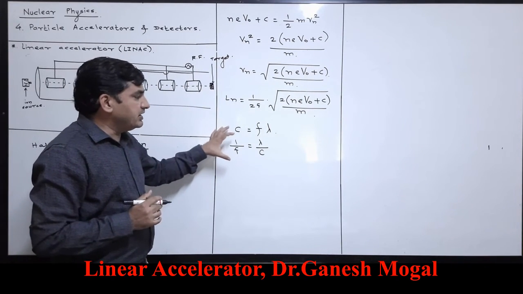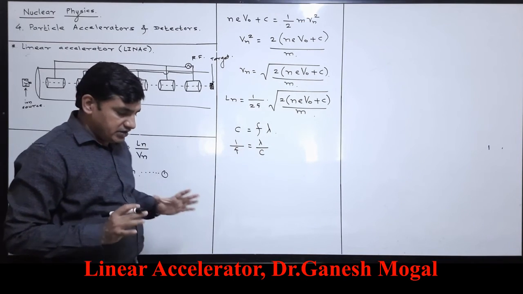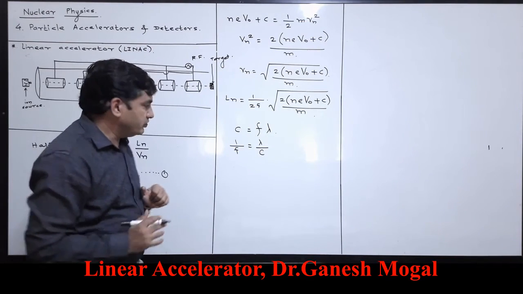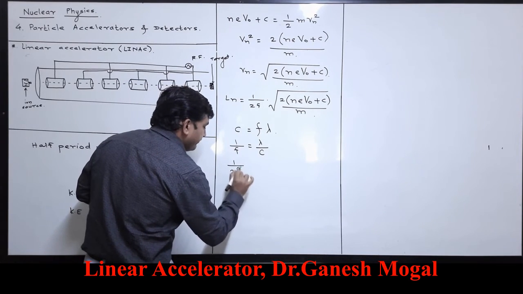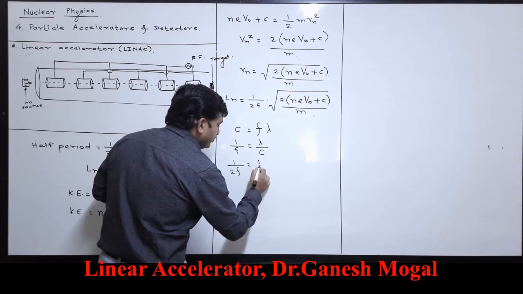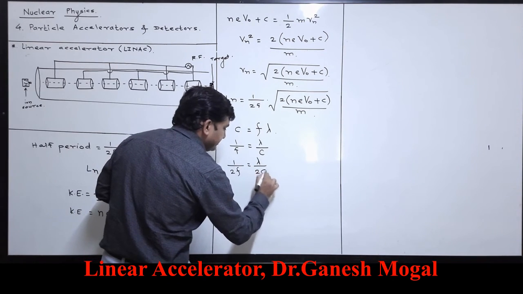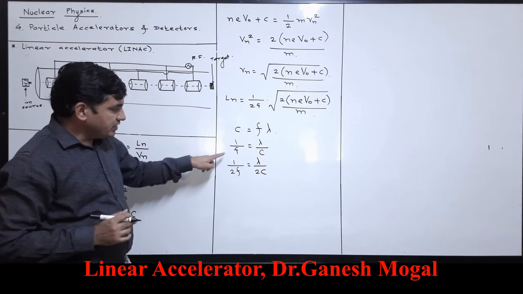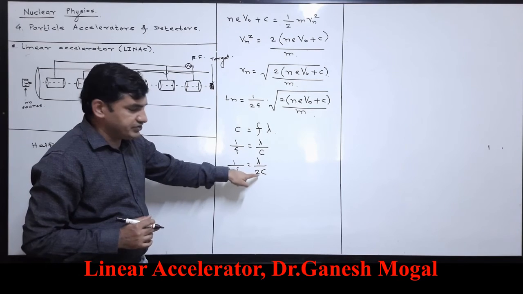Dividing both sides by 2, we get 1 upon 2f is equal to lambda upon twice c.